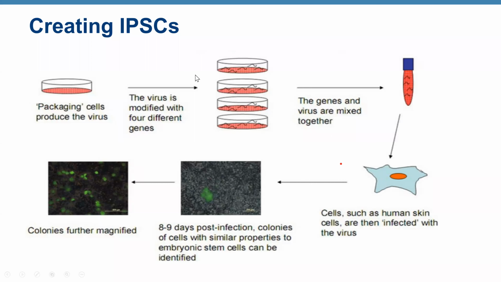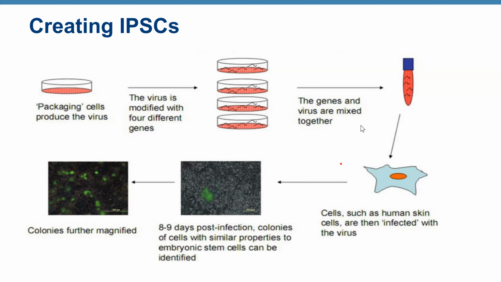So here's how we create iPSCs. Here we have cells, and packaging cells produce the virus. The virus is modified with 4 different genes. So we have cells, and we have virus that reproduces inside those cells. The virus is modified with the 4 genes that we need.